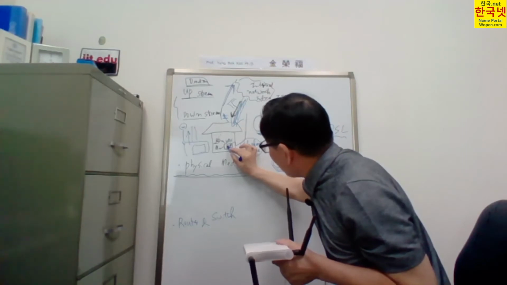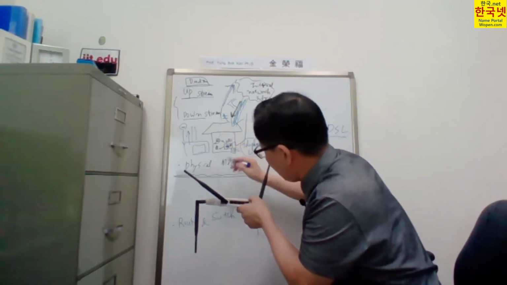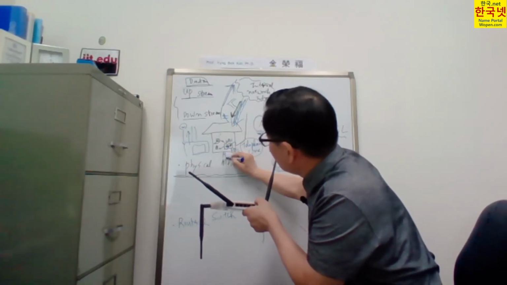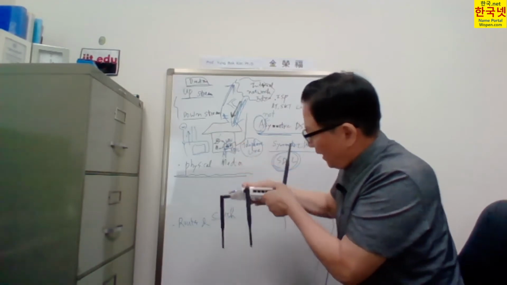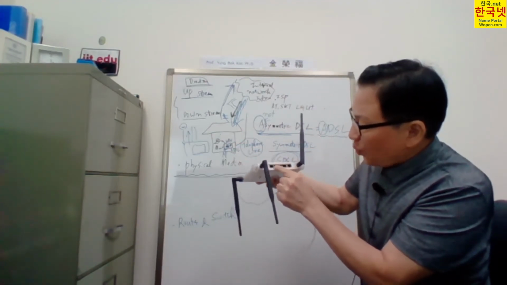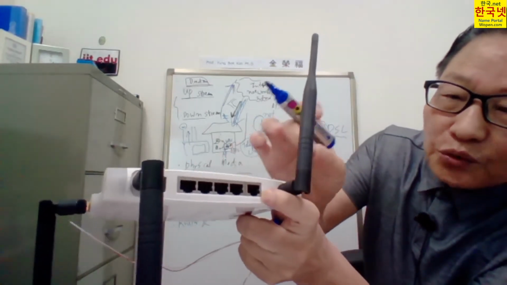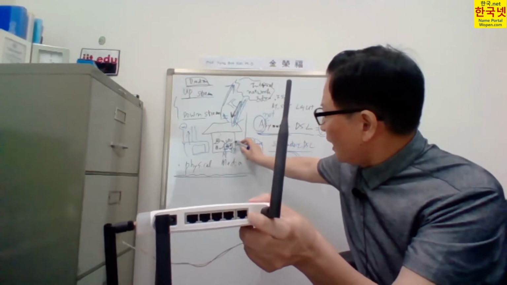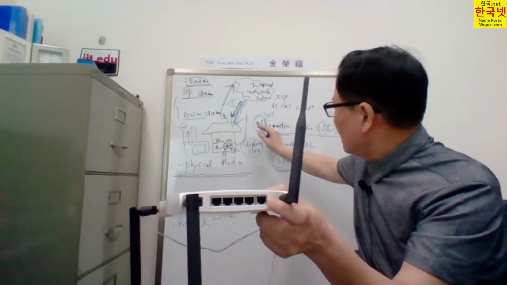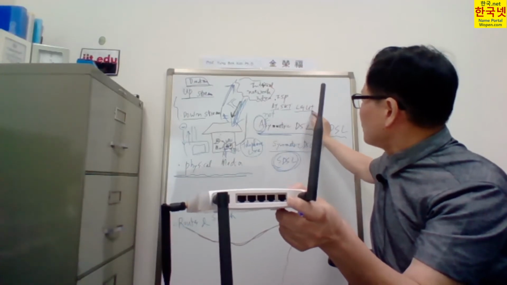And this is the WAN port, and this one here is the WAN port. This one is an access point device. I'm showing this one. And there are other ports. Those are Ethernet ports. This one is the WAN port, and that is connected to the ADSL modem here, and that will be connected to KT or SKT or LG U+.